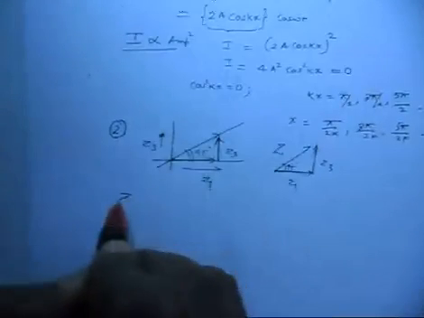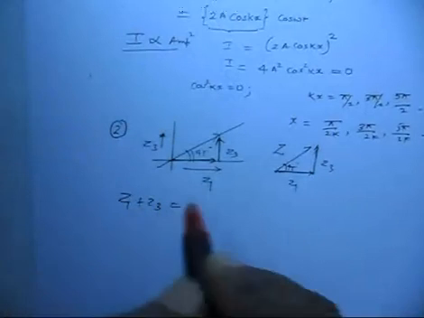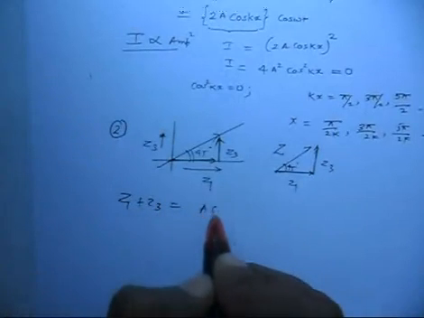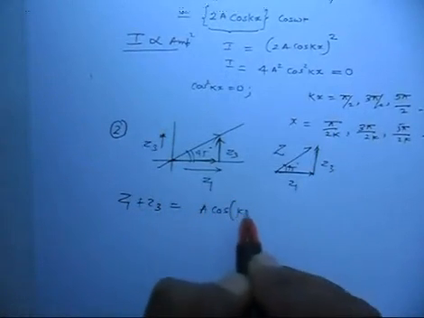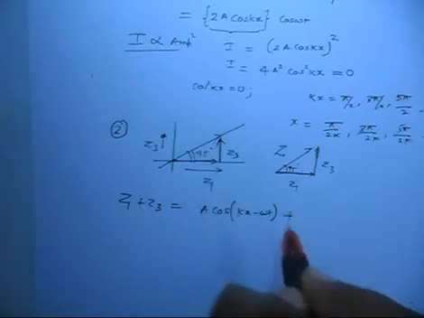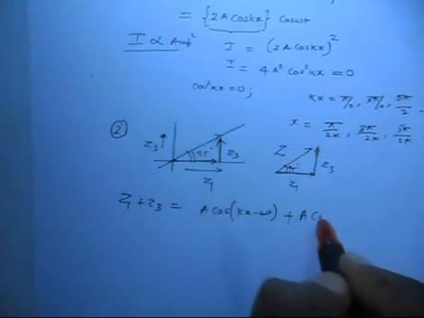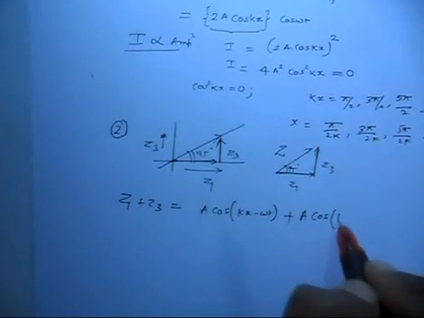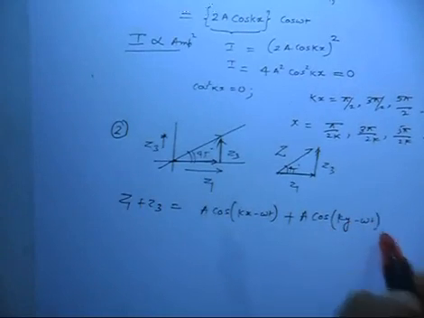So let us apply z1 plus z3. This becomes a cos(kx minus omega t) plus a cos(ky minus omega t).